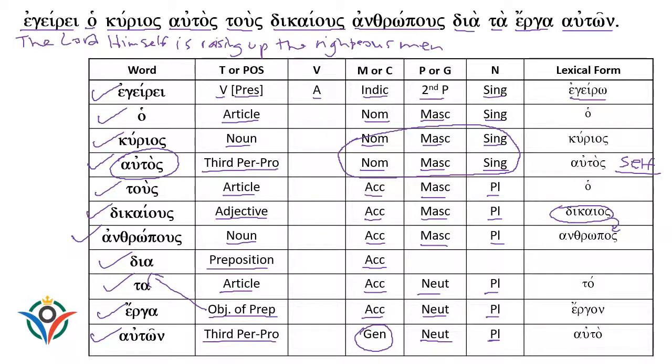Dia, all right, on account of or because of. Works, but it's possessive, all right, so it's their works. All right, so there you can see that the personal pronoun here is generally going to come after the noun. So as translation again, the Lord himself is raising up the righteous men because of their works.